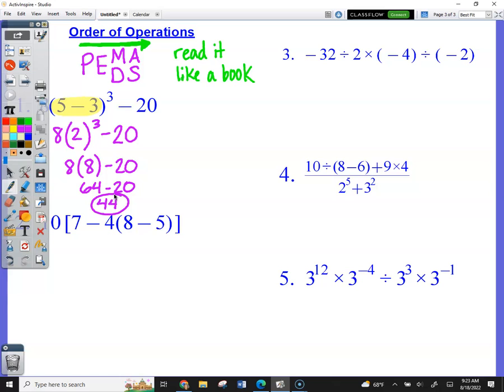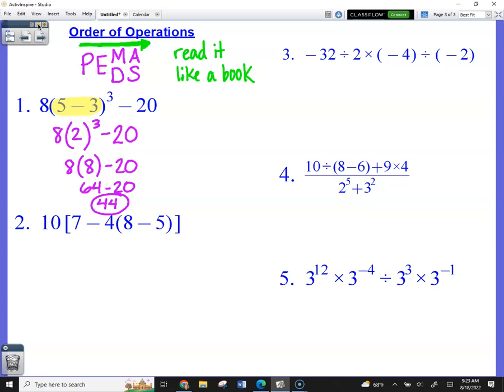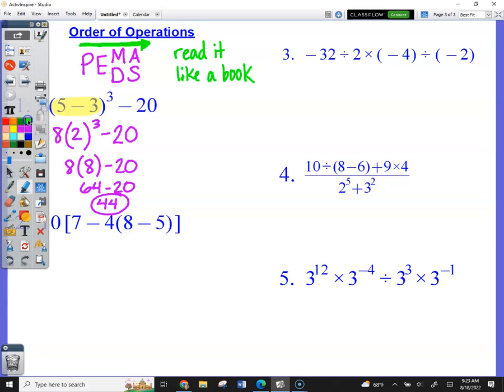Number 2 has 2 types of parentheses. You have the brackets, which is saying, hey, focus your attention here, right? Then you have within it parentheses, which is saying, hey, okay, now that your attention's in the brackets, I need your attention to now go to what's in the parentheses.